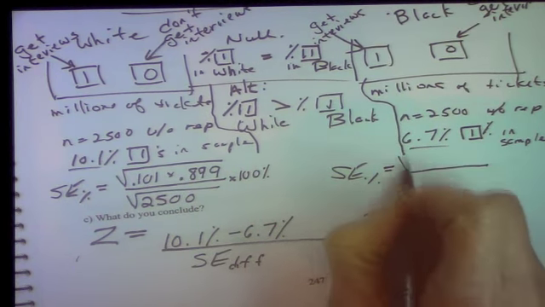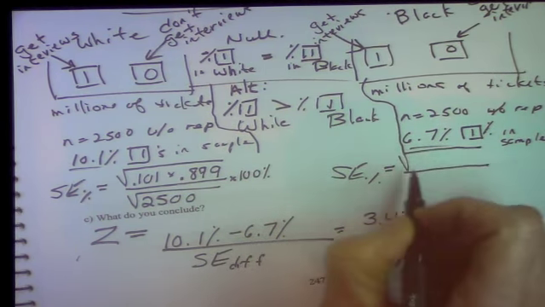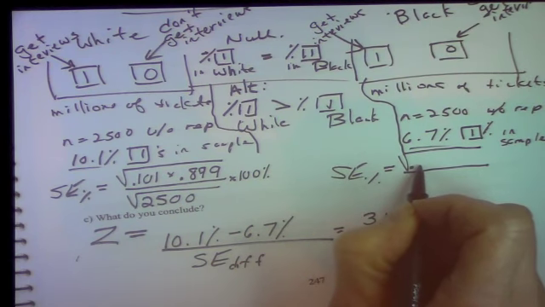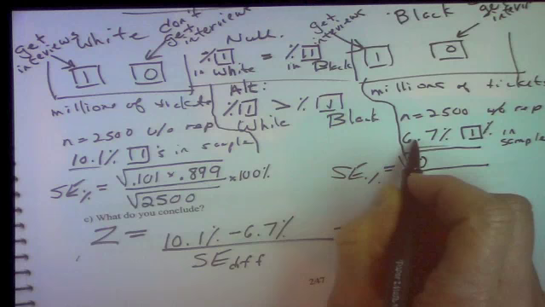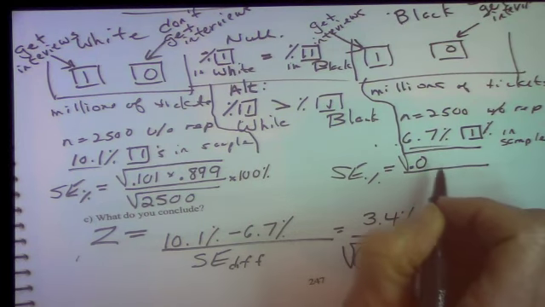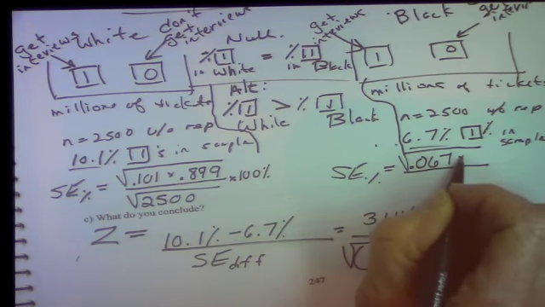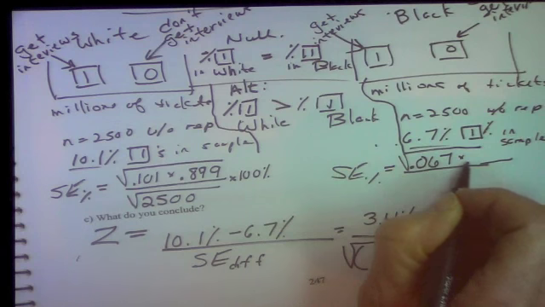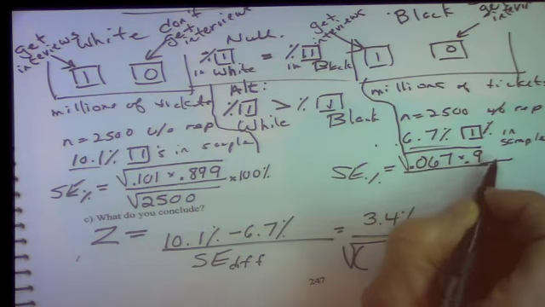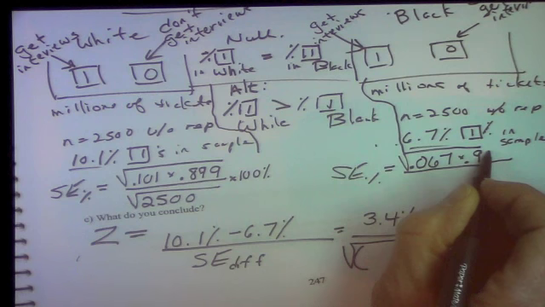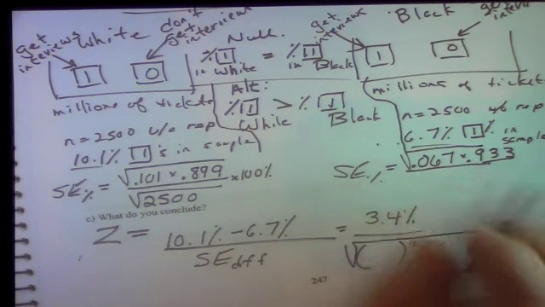Now be careful here. 6%. Don't do 0.6. That's 60%. Do 0.0. Move the decimal place twice. 0.067 times 0.9, what? 33, right?